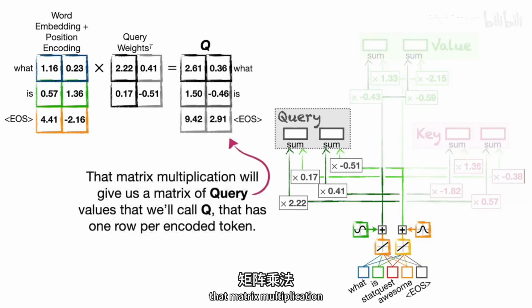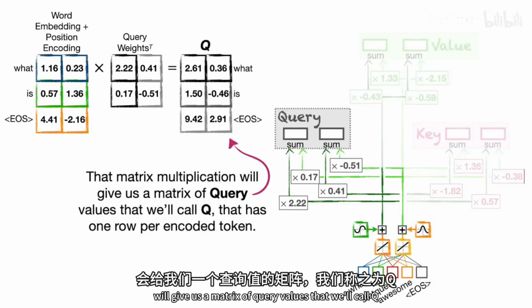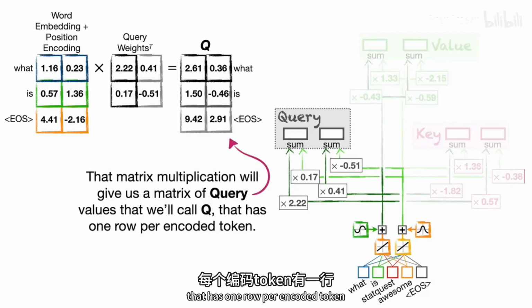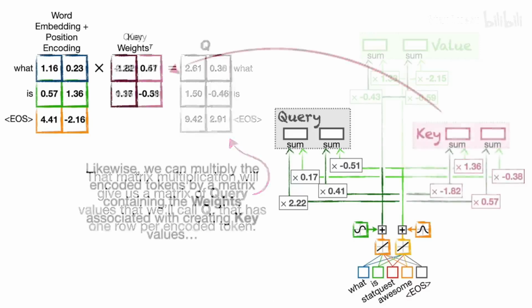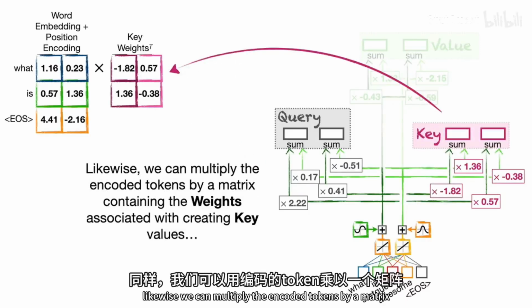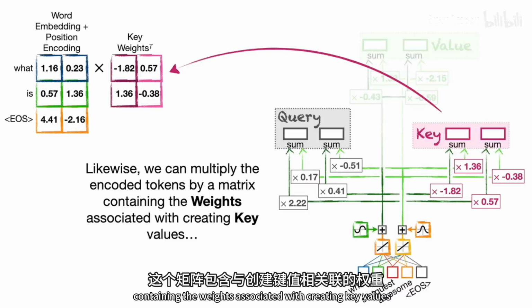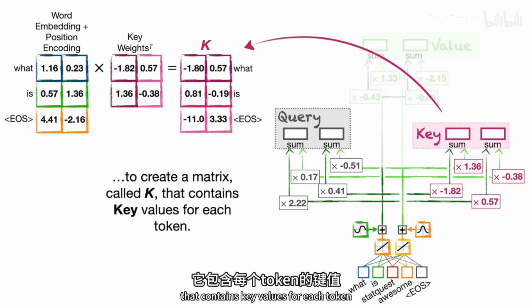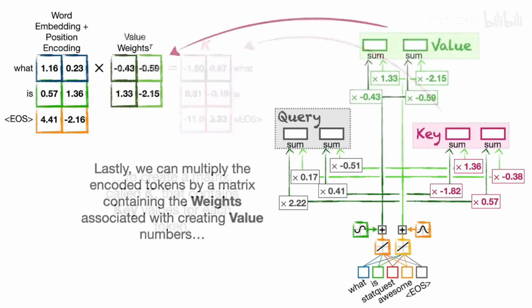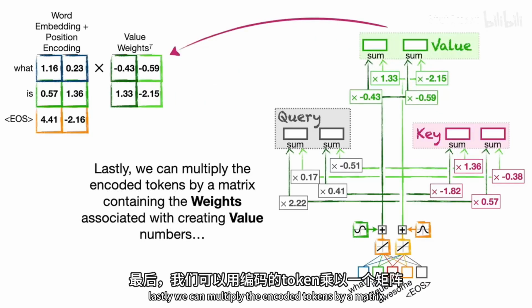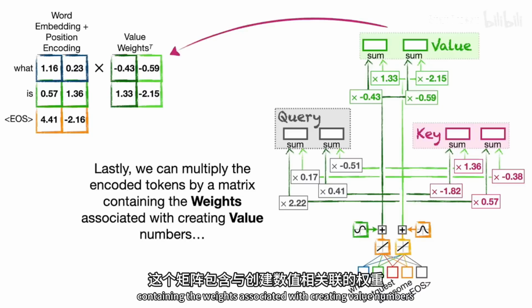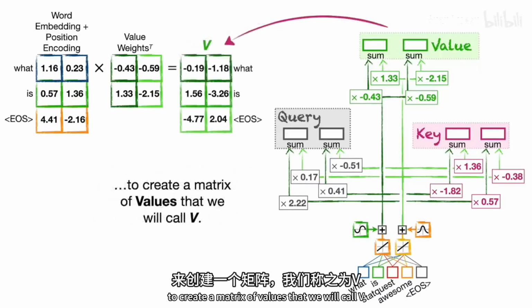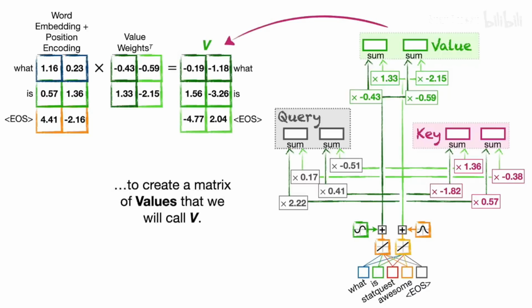That matrix multiplication will give us a matrix of query values that we'll call Q that has one row per encoded token. Likewise, we can multiply the encoded tokens by a matrix containing the weights associated with creating key values to create a matrix called K that contains key values for each token. Lastly, we can multiply the encoded tokens by a matrix containing the weights associated with creating value numbers to create a matrix of values that we will call V.